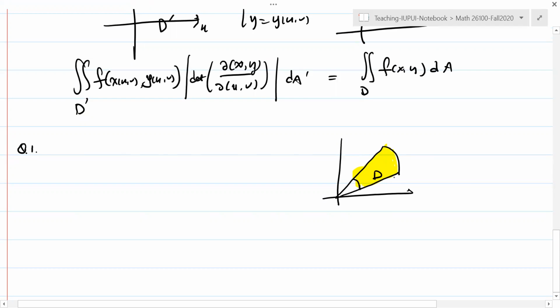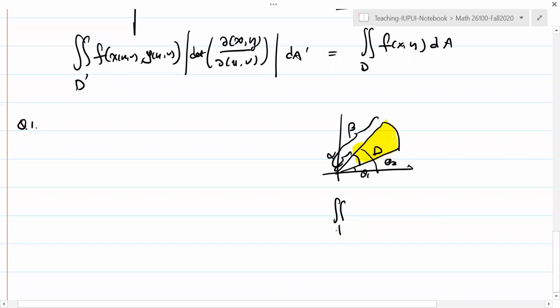The distance from here to here is beta, the distance from here to here is alpha. Then you also have an interval theta, this theta 1 and here another theta 2. So this is a sector.